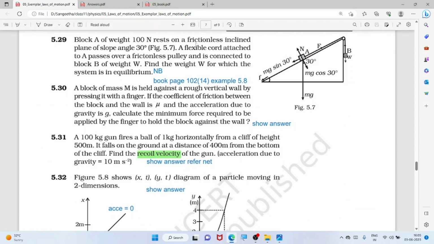A block of weight 100 newtons rests on a frictionless inclined plane at a 30-degree angle. A flexible cord attached to a frictionless pulley is connected to a block of weight W, for which the system is in equilibrium. 5.29.